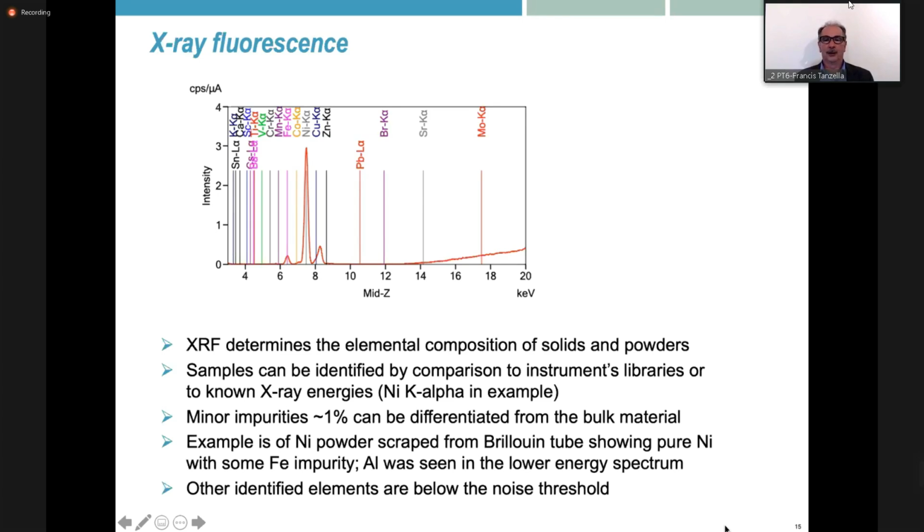Other elements called out in the plot are not detectable. The lower energy plot, not shown, also showed the aluminum from the alumina impurity. Unlike EDX, no vacuum is necessary for XRF measurements since it is performed in room air.